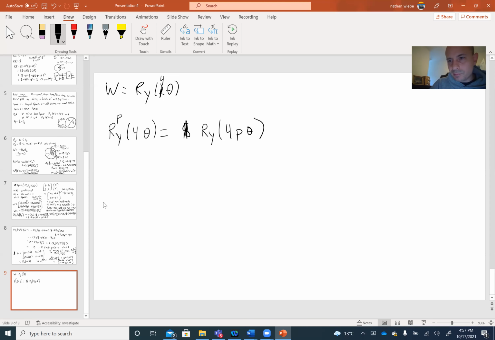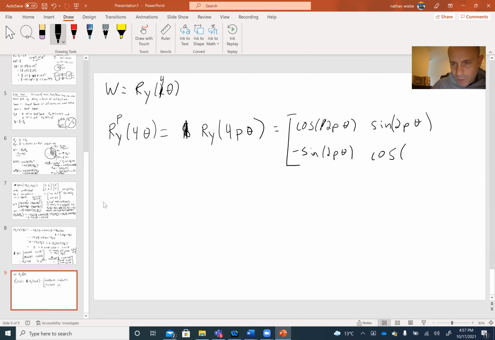Now, applying this, the matrix that we end up getting is going to be cosine 2p theta, sine 2p theta, negative sine 2p theta, cosine 2p theta, on our initial state, which in this basis is described as sine theta, cosine theta.